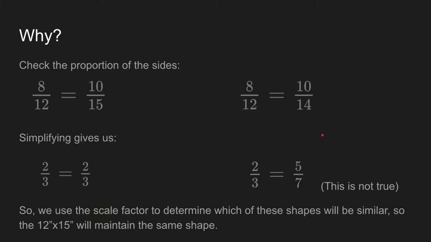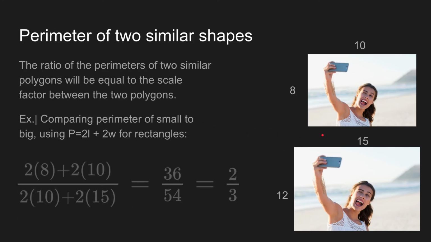What will the ratio of the perimeters be? 2 times 8 plus 2 times 10 gives me 36. 2 times 12 plus 2 times 15 will give me 54. And when I simplify that out, I end up getting the exact same scale factor. So if I'm dealing with similar polygons, not only are their sides proportional, but their perimeters are also proportional.